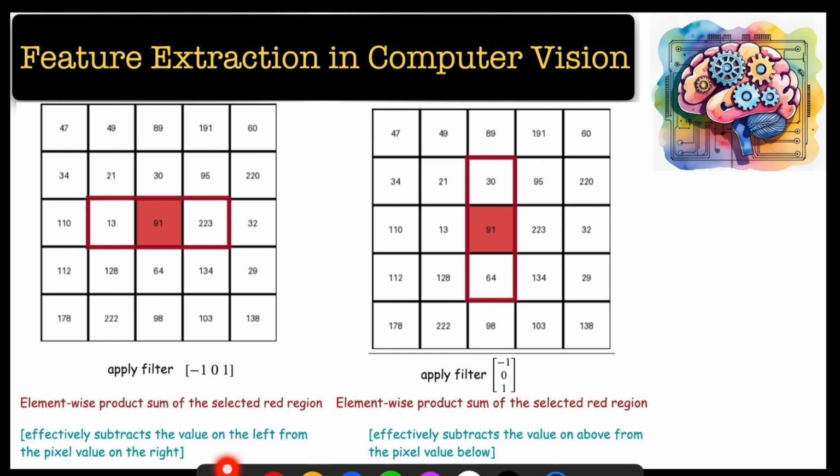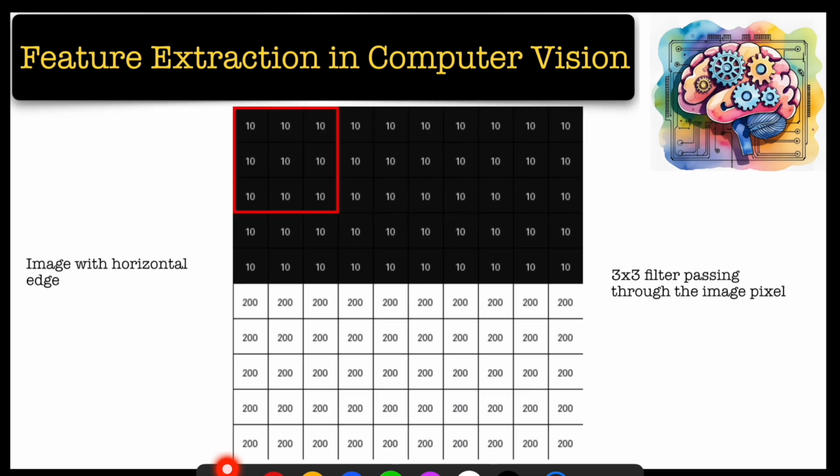And here also we're applying the filter. It's effectively subtracting the value above from the pixel below. Now we see different types of filters. In most cases we use 3x3 filters or 5x5 filters depending on the task. A 3x3 filter is very common.